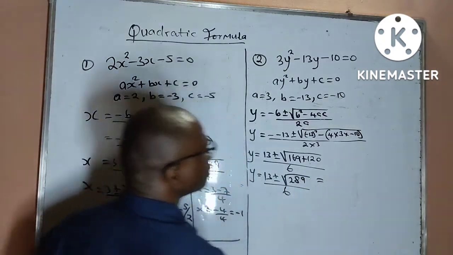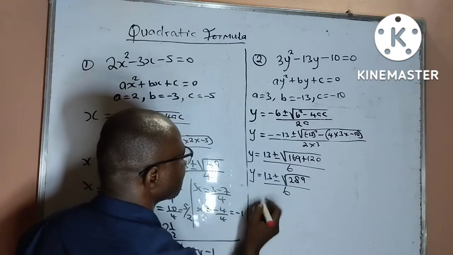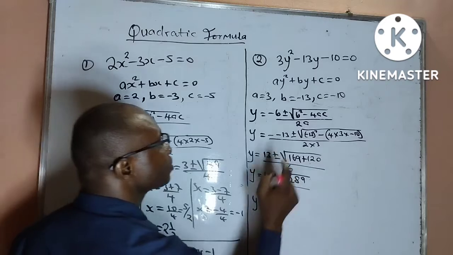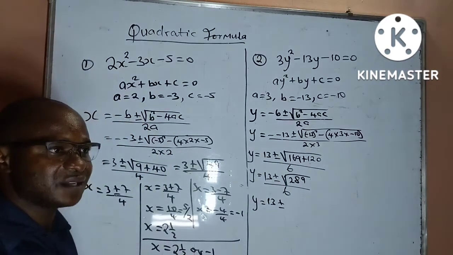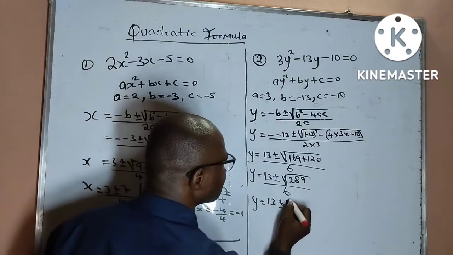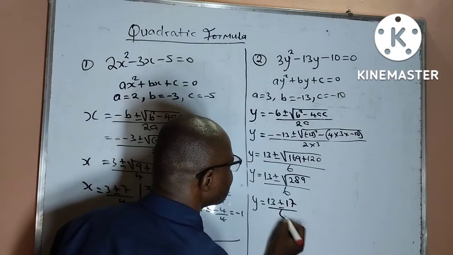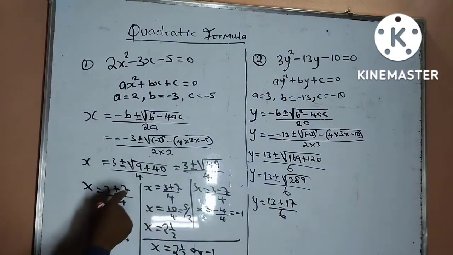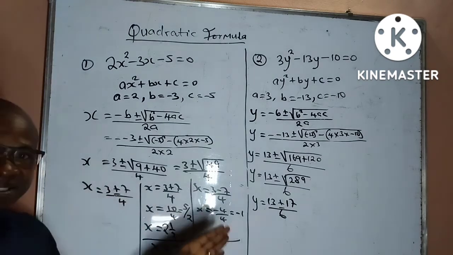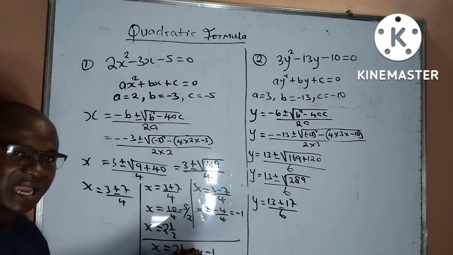So this is equal to, let me put it like this: y is equal to 13 plus or minus the square root of 289, which is 17, all over 6.